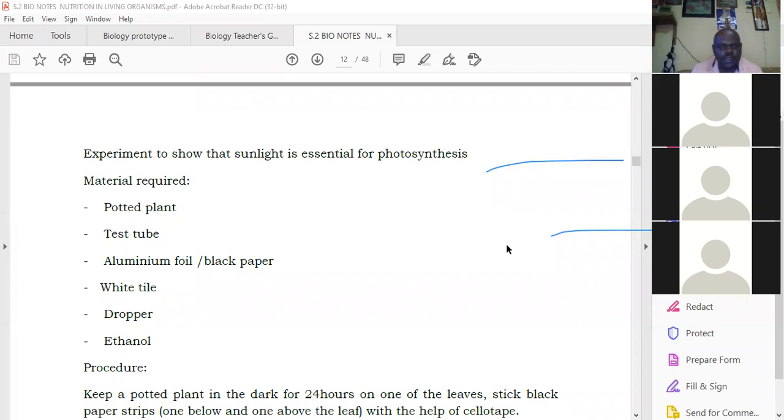Now, yesterday I was telling you that whenever you are designing an experiment, in order to make a valid conclusion, you have to design a control experiment. Like in this case, if we have a setup where we are removing carbon dioxide, then we have to arrange another one where we have all the conditions available.